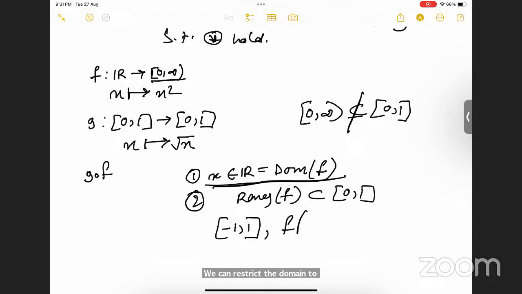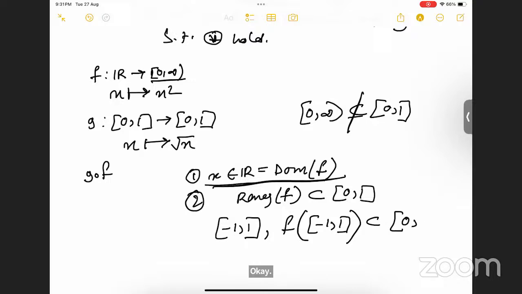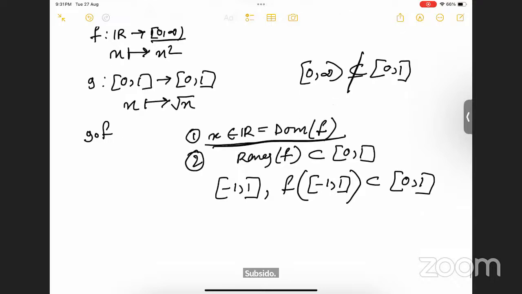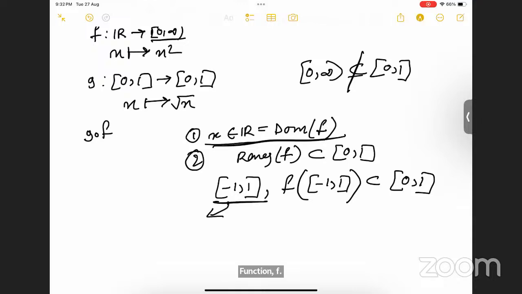Then if we apply f over there, it will be [0, 1], a subset of the domain of the function g. So we can take this as our domain of g compose f.